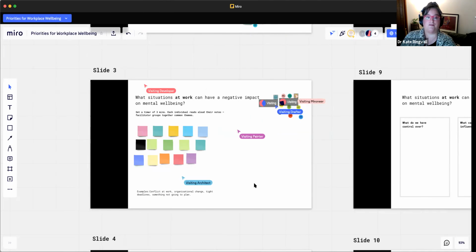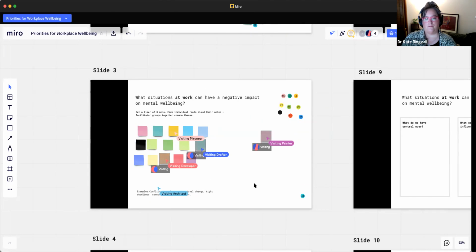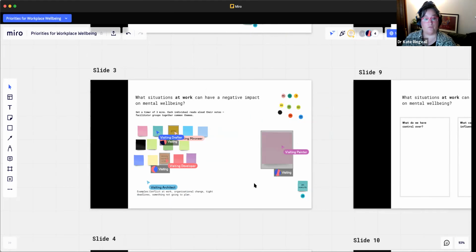Okay, moving on to slide 3. Same as before, use your same colour and your same colour sticky note. The question we're now asking is, what situations at work can have a negative impact on mental well-being? There are some examples down the bottom there: conflict at work, organisational change, tight deadlines, something not going to plan, global pandemics.